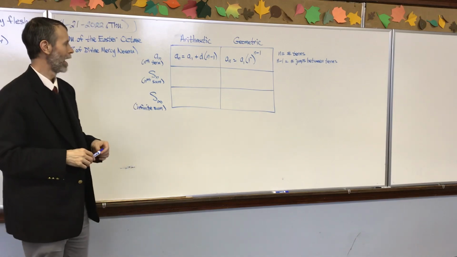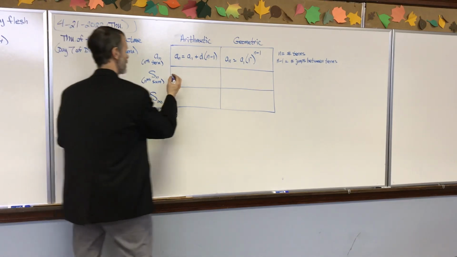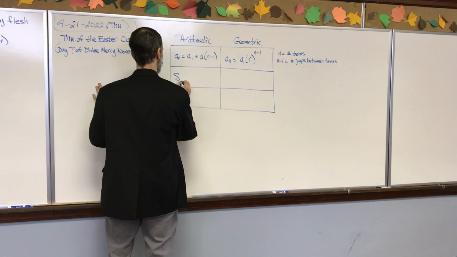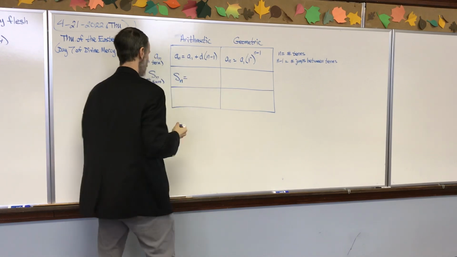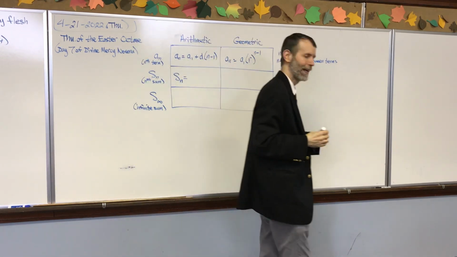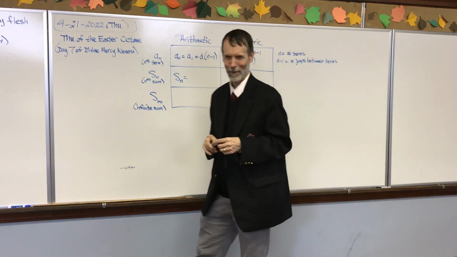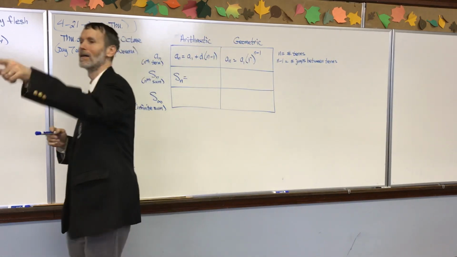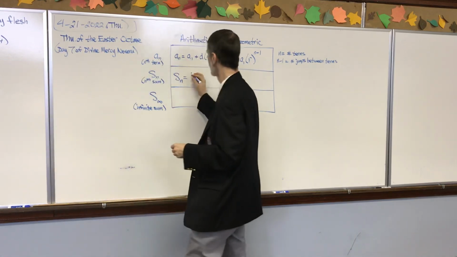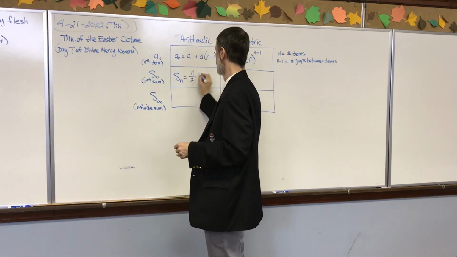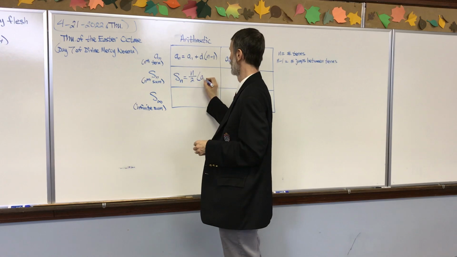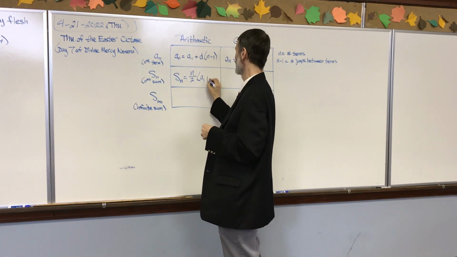Okay? Can somebody give me the formula for the nth sum of an arithmetic sequence? This is also known as Carl Gauss's formula. Isn't it n over 2? n over 2, parentheses a_n plus a1.